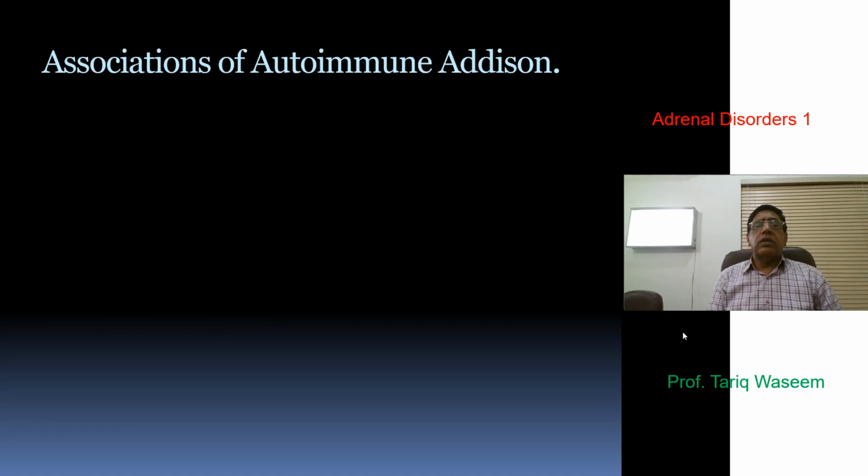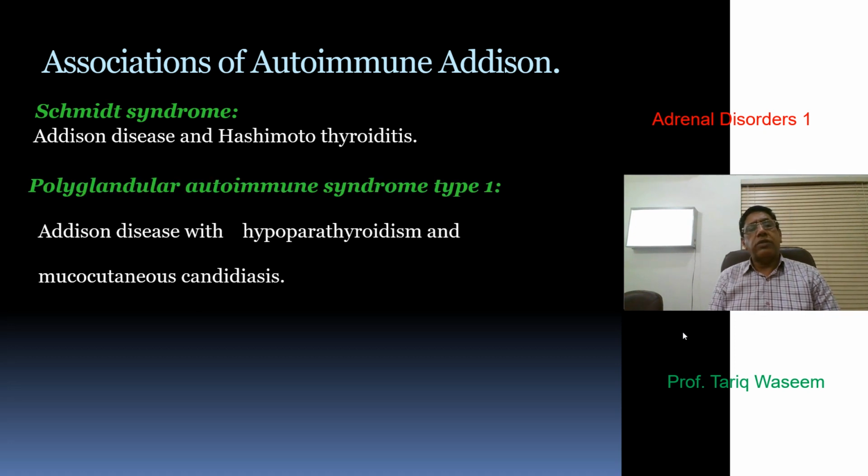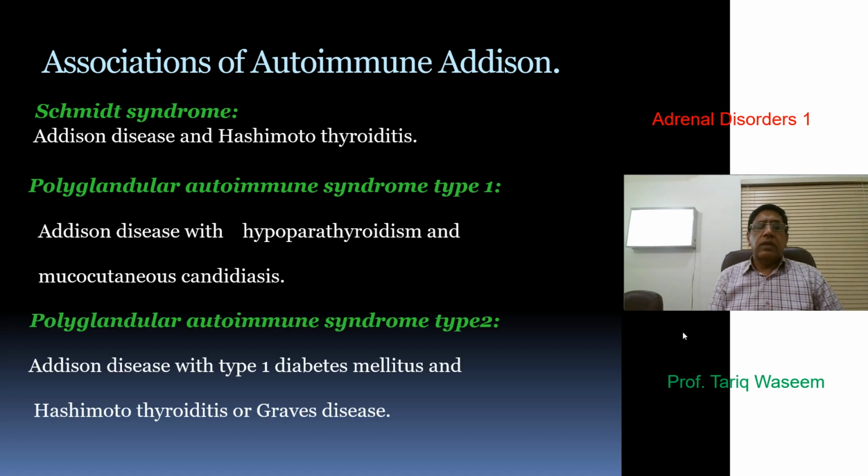Sometimes this autoimmune Addison disease may be associated with other endocrine disorders or autoimmune endocrine disorders like Hashimoto's disease. Sometimes it may be associated with polyglandular autoimmune syndrome type 1, where, in addition to Addison, the patient also has hypoparathyroidism or may have mucocutaneous candidiasis as well.